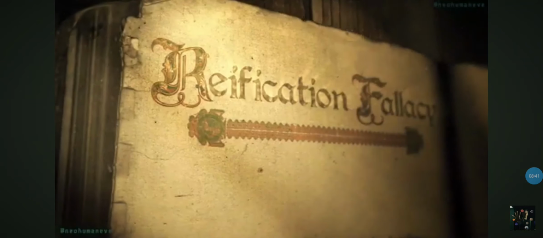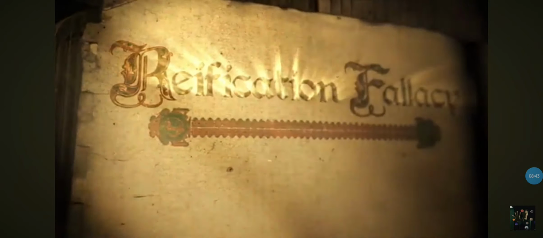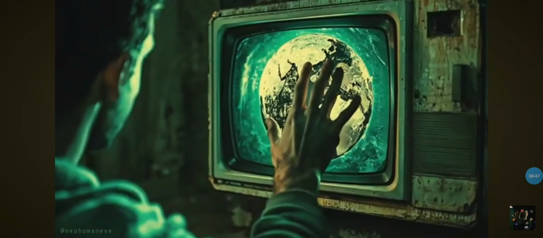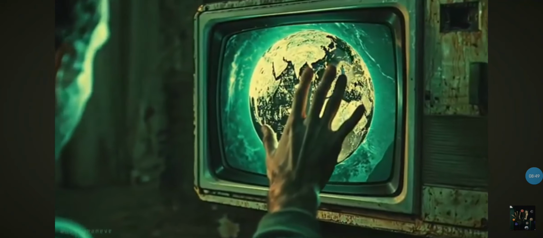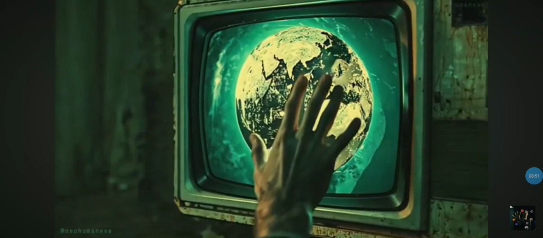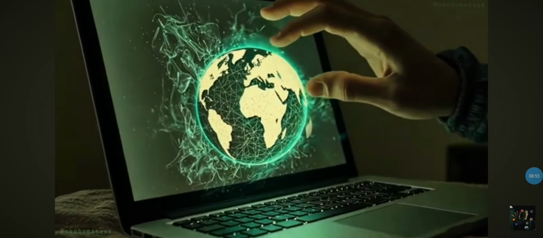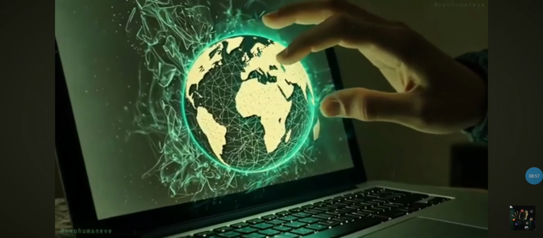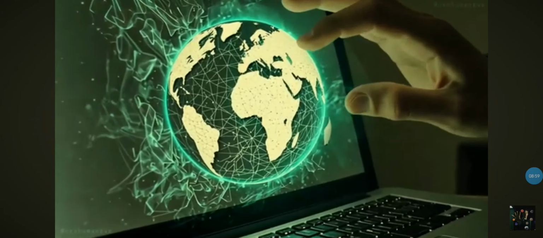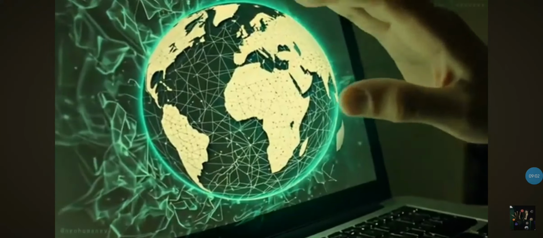Number 10. The reification fallacy. This fallacy occurs when an abstract concept is treated as if it were a tangible, concrete reality, without sufficient evidence to support it. For example, globe earthers often refer to the globe model, an abstract concept and CGI representation, as a real, tangible object.